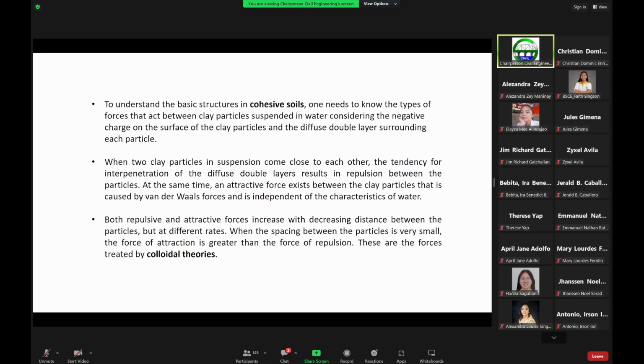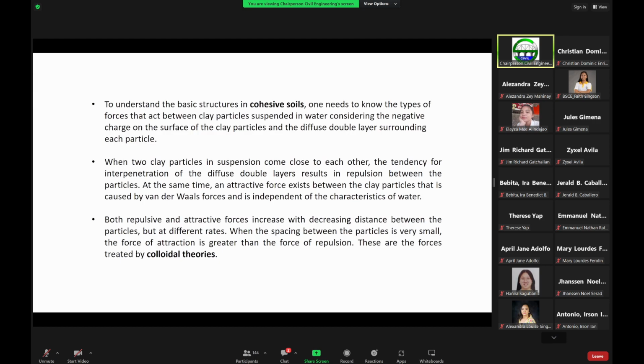Now, in the case of cohesive soils, to understand the basic structure, one needs to know the types of forces. These are the types of forces that act between the clay particles suspended in water, considering the negative charge on the surface of the clay particles, as well as the diffuse double layer surrounding each particle. If you recall, during our first meeting we discussed this diffuse double layer in the case of a clay particle.